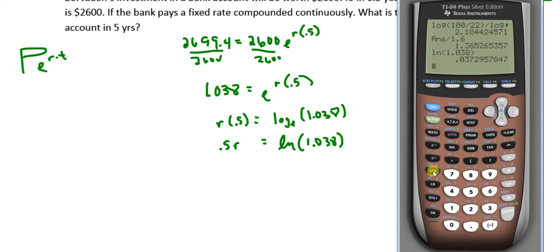And just to show you, log of 1.038 divided by the log of, the number e is above the division sign, second e. And e is about equal to, it's a little less than 3.